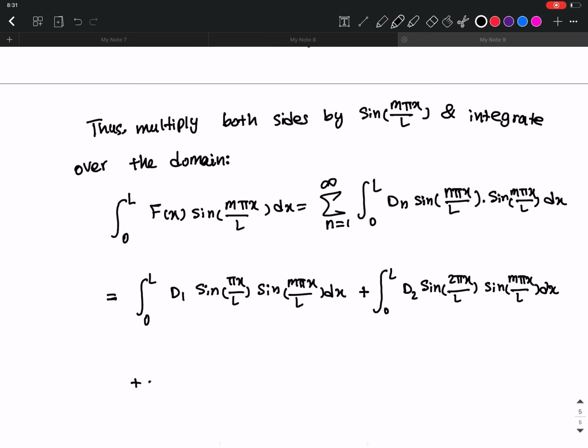And this goes on and on until n equals m. So then I have the integral of 0 to L. When n equals m, we are going to get dm sine m pi x over L times sine m pi x over L dx, and then this goes up to infinity, right? Because n can be infinity.